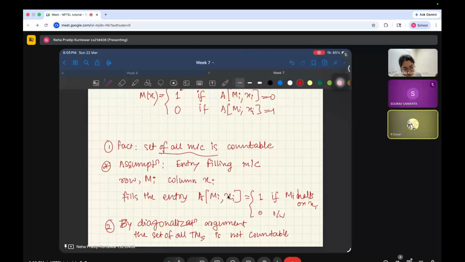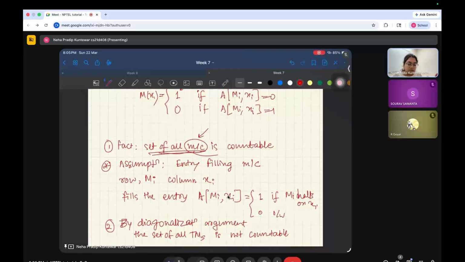No. When you look at a machine, how do you write it? These machines are encodings. What we mean is this is a 0-1 star encoding of your Turing machine.